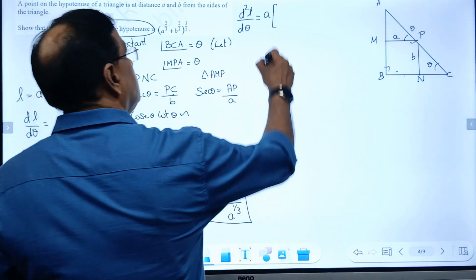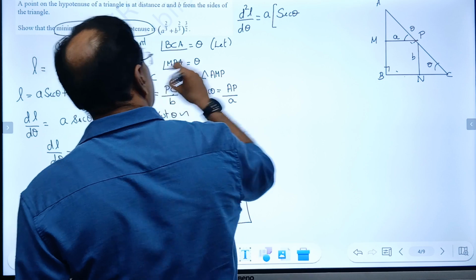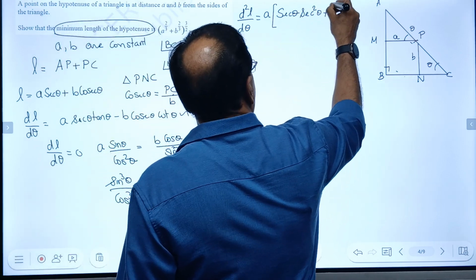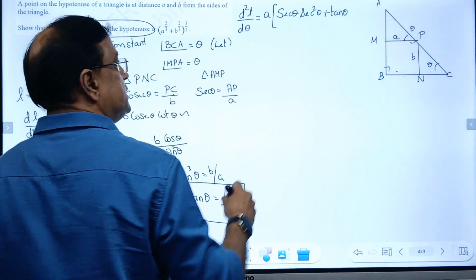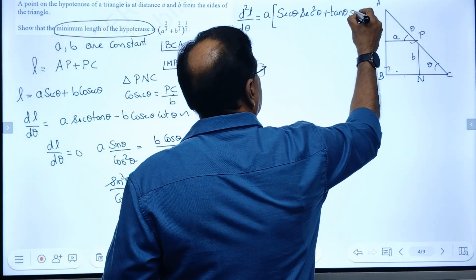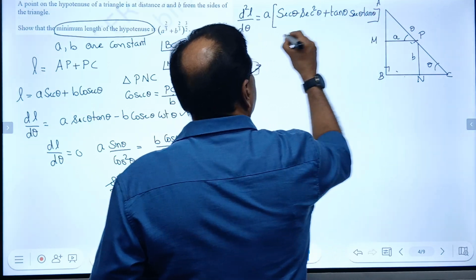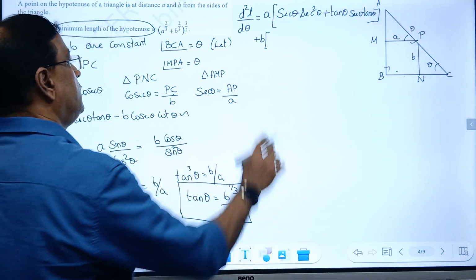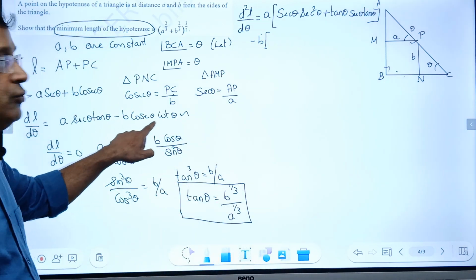What is the product rule? U into the differentiation of tan, which will be secant square theta, plus tan theta into the differentiation of secant theta, which will be secant theta tan theta. I close the bracket, plus B into, sorry, minus B into, I'm going to use the product rule again.